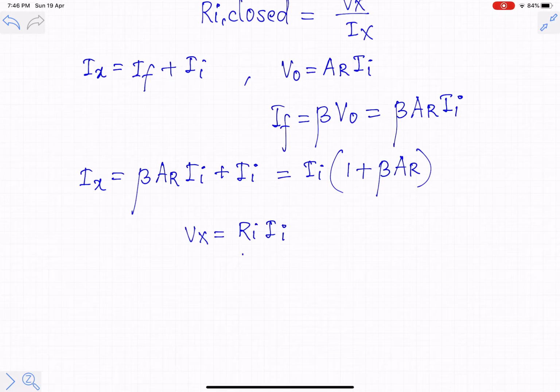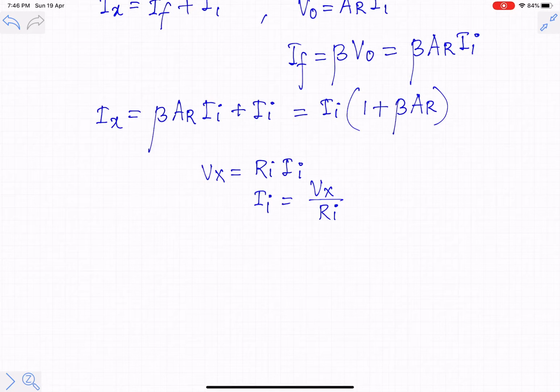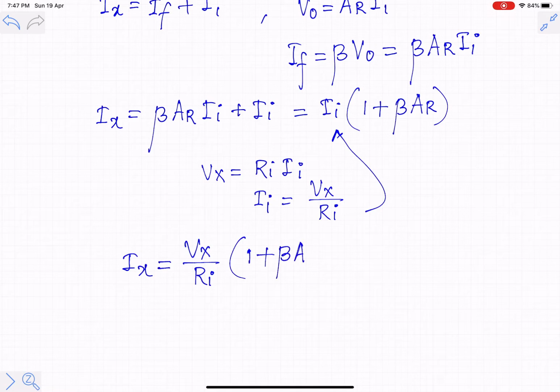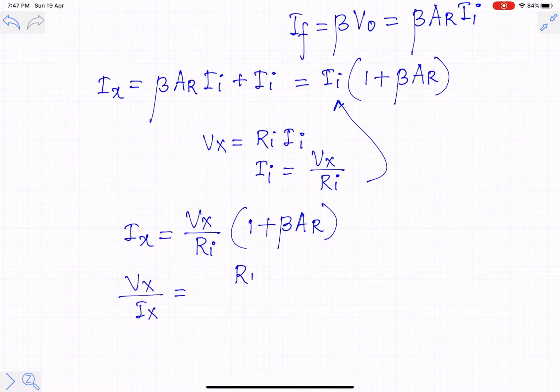So from this we see that Ii is equal to Vx divided by Ri. So if I put this value of Ii here, I get Ix is equal to Vx divided by Ri, into 1 plus beta into AR. So from this, Vx divided by Ix is equal to Ri upon 1 plus beta into AR.